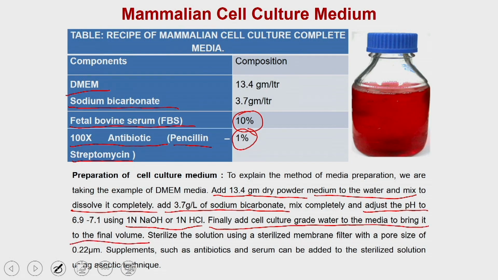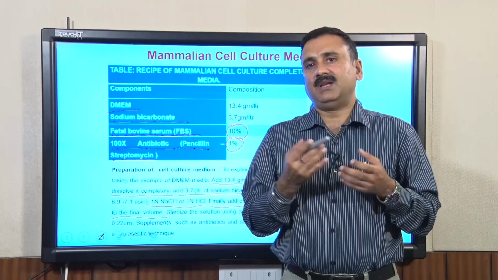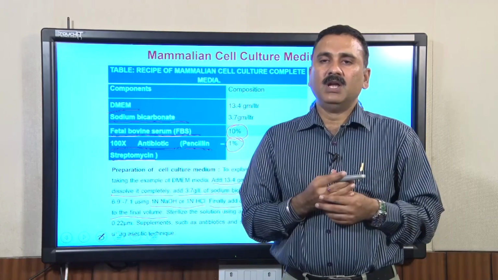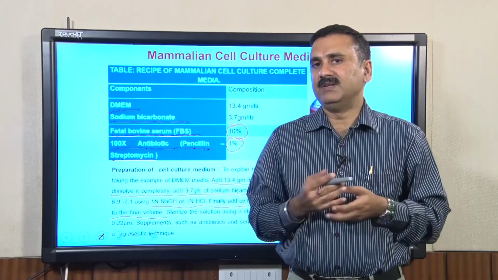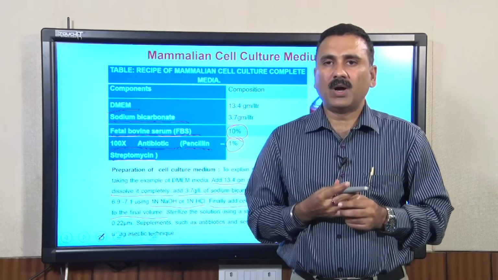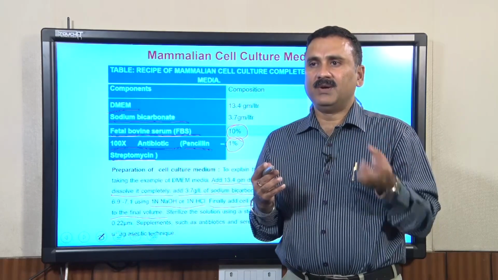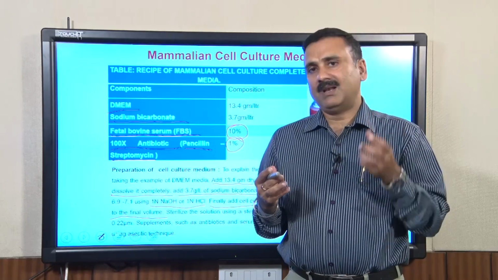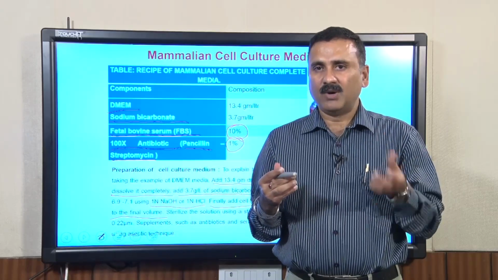Since the mammalian cell culture media has serum as well as other biomolecules such as amino acids, you cannot autoclave these media, because if you autoclave, you are going to destroy the amino acids and other heat labile biomolecules.